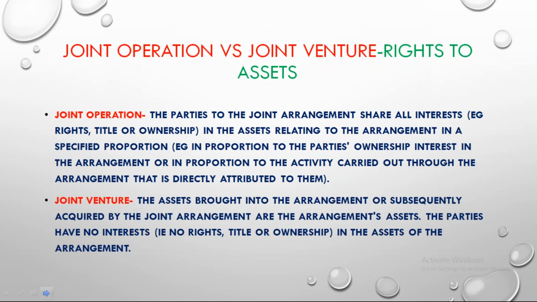So, joint operation versus joint venture: rights to assets. That's the first thing I want to discuss. In a joint operation, the parties shall share all interests, rights, titles or ownership in the assets relating to the arrangement in a specified proportion, in proportion to the parties' ownership interest or in proportion to the activity carried out through the arrangement that is directly attributable to them.